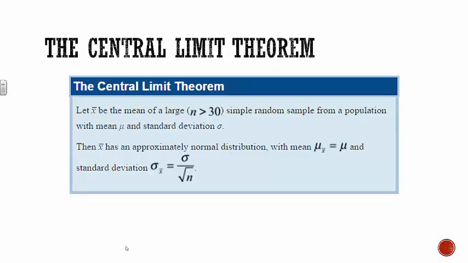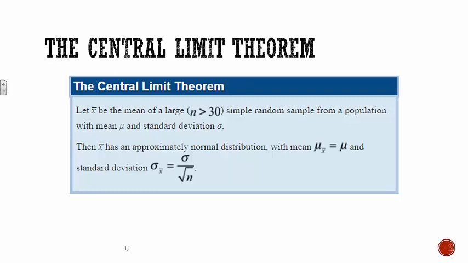Now, that's all well and good, but the whole point of this is actually to be able to calculate probabilities. Well, we have a really nice theorem that is used all over statistics called the central limit theorem. The central limit theorem basically says if your sample size is greater than 30, then we can approximate the distribution to be normal.